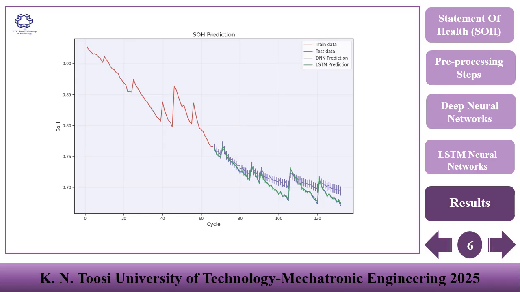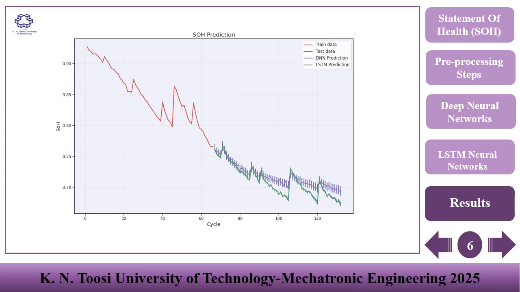We then applied our pre-processing steps and ran this data through our two architectures, the deep neural network and the LSTM neural network. The results are visualized on this graph.